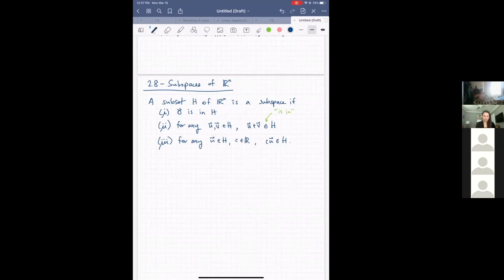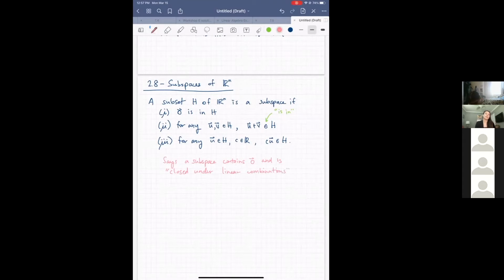Okay. So if you want to think about this, this says that a subspace contains the 0 vector and is closed under linear combinations.